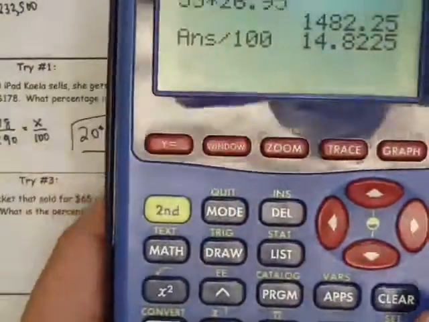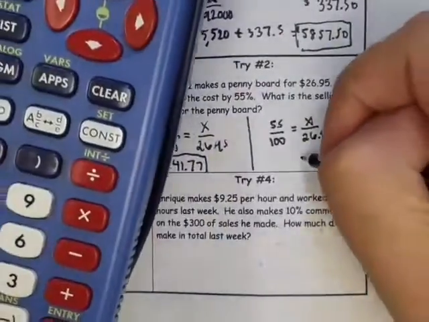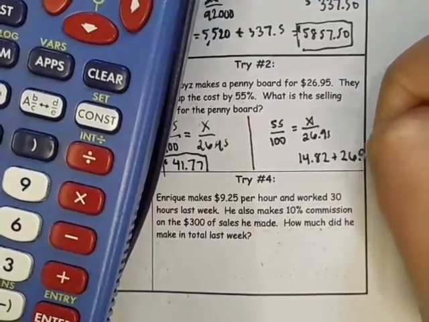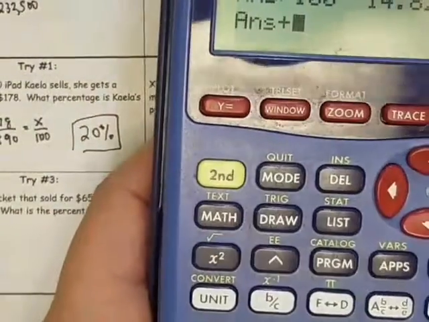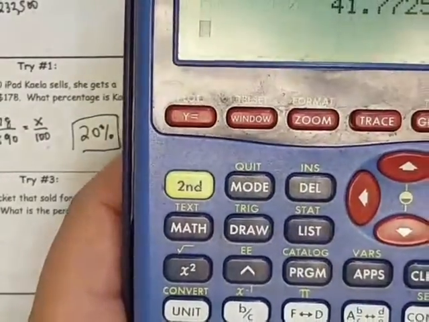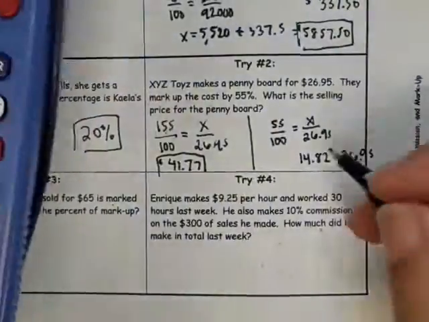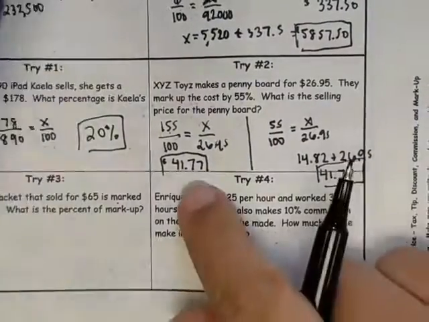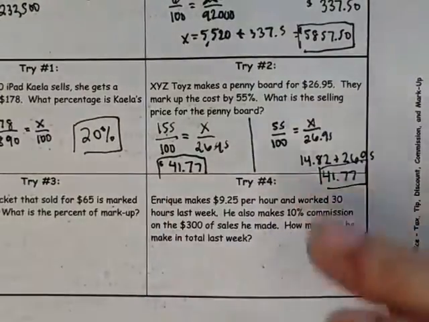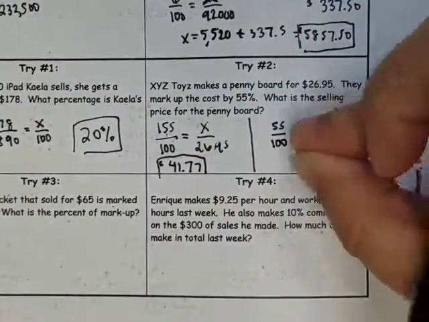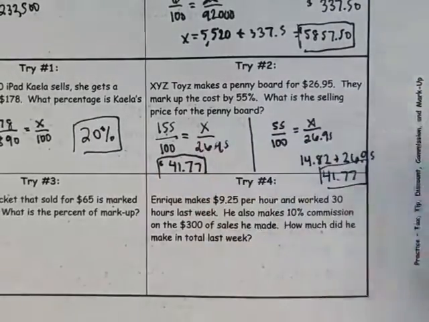So add 14.82 plus 26.95. And you get $41.77. That's the exact same answer I got over here. This was just a little bit faster because I went ahead and added first and then did my proportion. Here you did your proportion and then you added at the end. So I found that was the way a little bit faster.